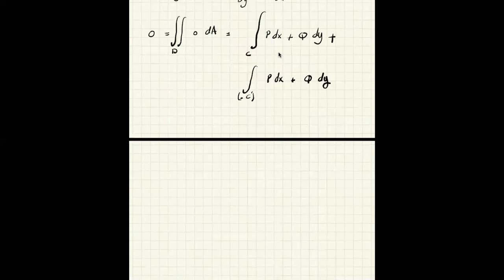Okay, now remember that this is basically a line integral: the integral over C of P dx plus Q dy, minus, because now I'm going backward on C prime, the same on C prime.